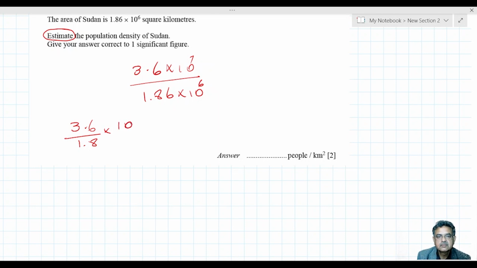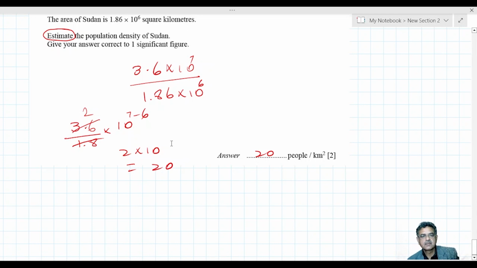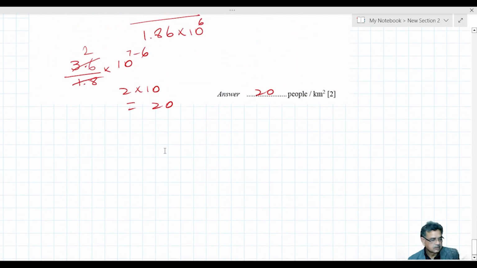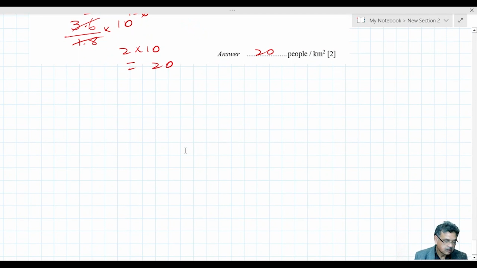So this is 10 power 7 minus 6, and 3.6 over 1.8 is 2. So 2 into 10, that is 20. Population density is 20 people per square kilometer. That is a very low population density. So that's it. There is one more question.